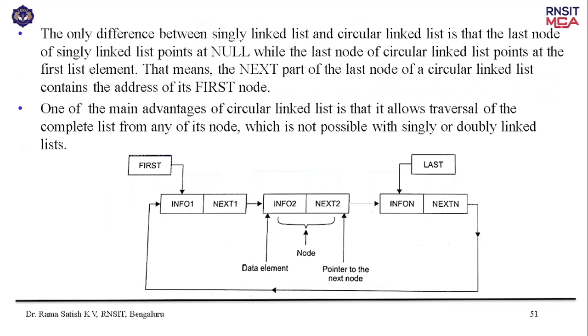Many times they ask this question: what is the difference between a single linked list and a circular linked list? The only difference is that the last node of the single linked list is pointed to null, whereas the last node in a circular linked list is pointed to the first element.